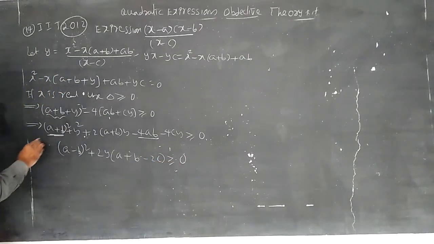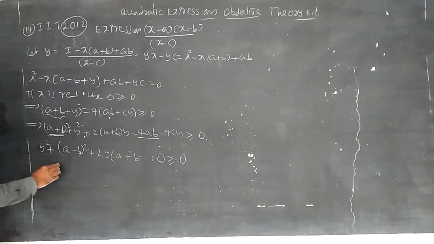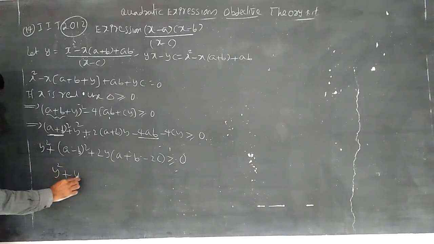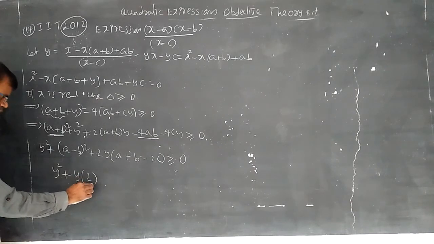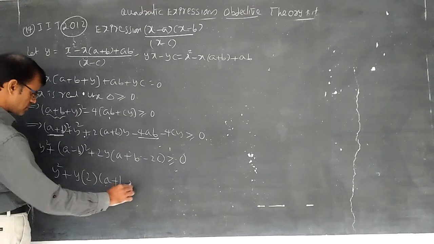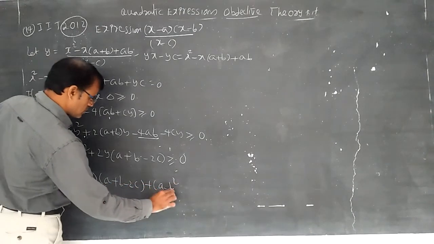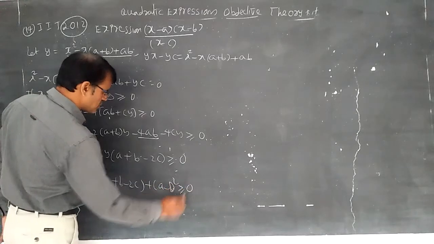And y square is also there. So y square plus 2y into a plus b minus 2c, plus a minus b whole square, greater than or equal to 0.